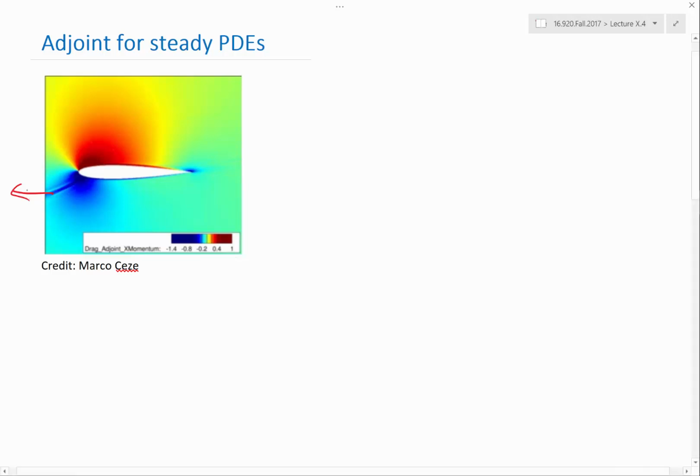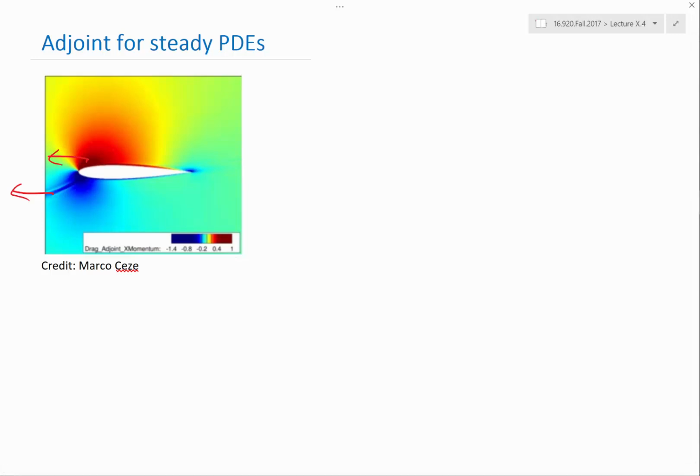That's because here is upstream of the stagnation point, right? So if I pull here, I get less stagnation pressure, so I have less drag. While in the red region, it's interesting, because if I pull back in the red region, it will actually increase my drag.